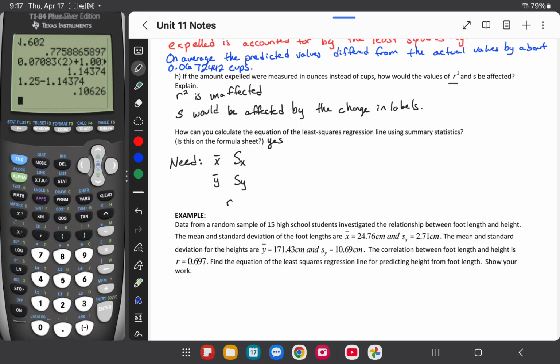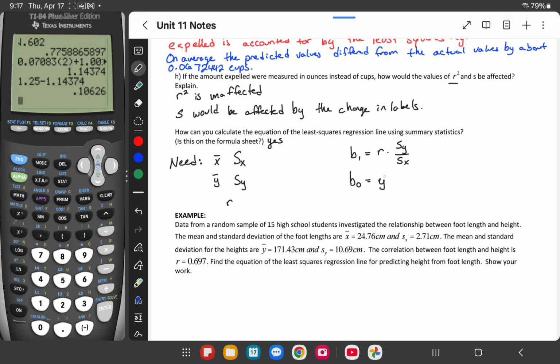The first thing that you would find is your b1, which is the slope of your least squares regression line. You can find that by taking r multiplied by the standard deviation of y divided by the standard deviation of x. Once you have your slope, you can find the y-intercept for your least squares regression line, which we call b sub 0 or b null.